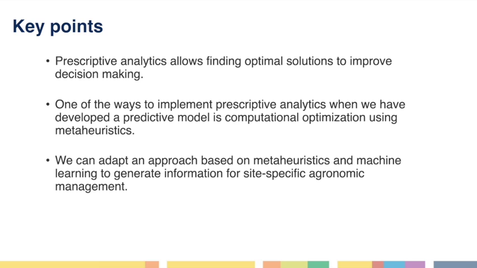Meta-heuristics have the advantage that they yield solutions faster compared to other methods like exhaustive methods, and they can give solutions that are close to the global optimum. And we were also able to identify that the yield analysis based on climatic variables, soil management, and management variables can be approached with optimization where meta-heuristics are used.